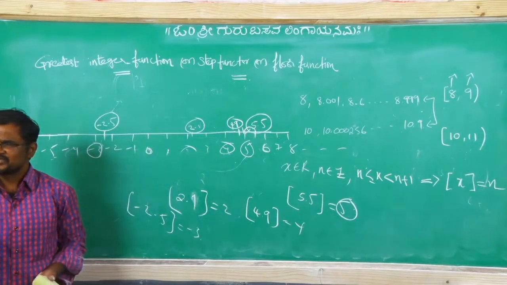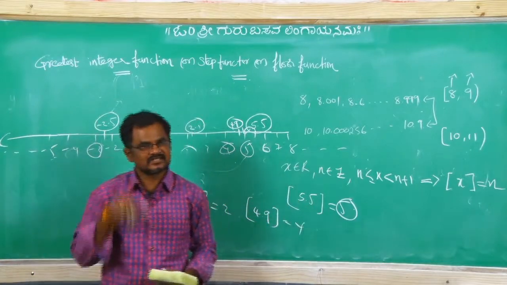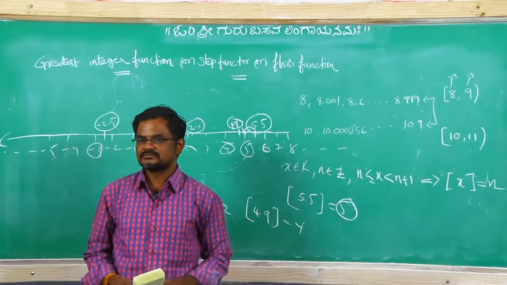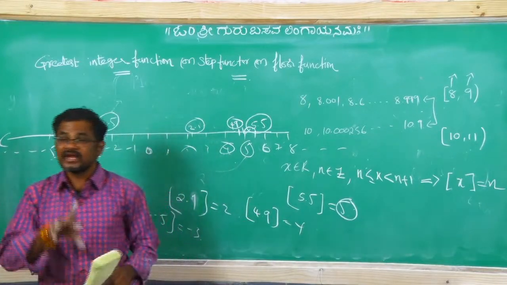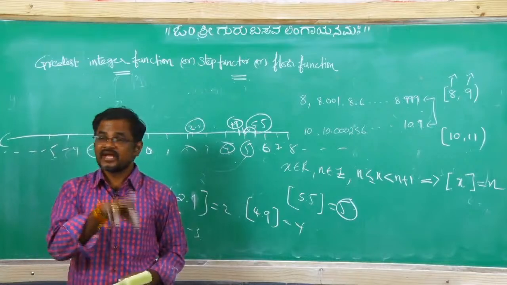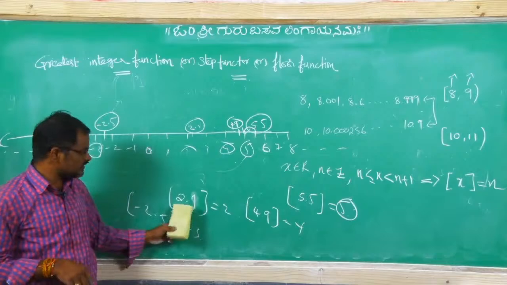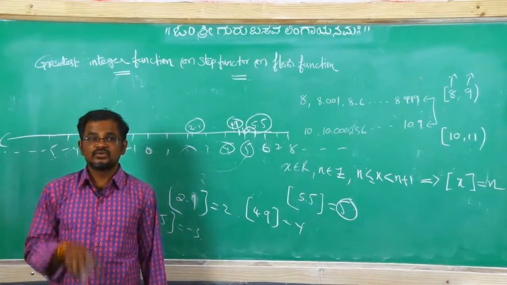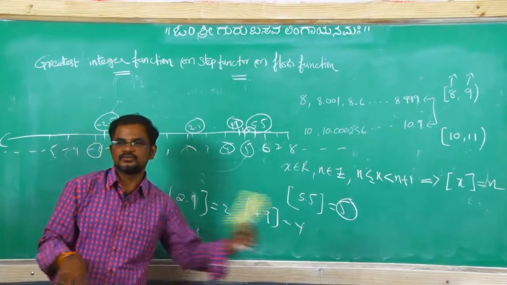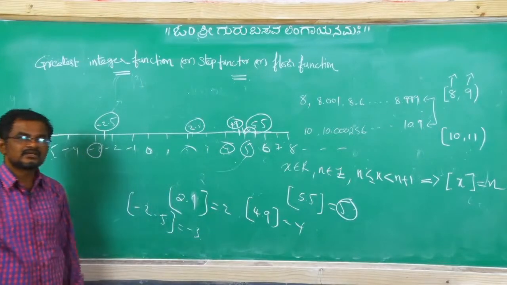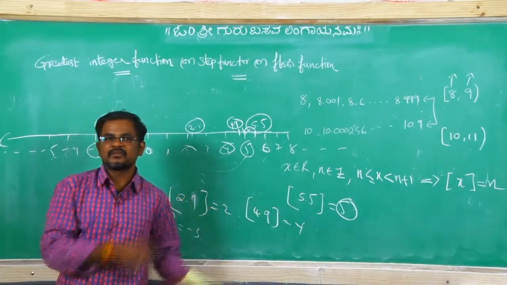The meaning is simple. 5.5 is between 5 and 6, so the answer is 5, the left side. 4.9 is between 4 and 5, so the answer is 4. 2.1 is between 2 and 3, so the greatest integer is 2. Minus 2.5 is between minus 3 and minus 2, so the answer is minus 3.